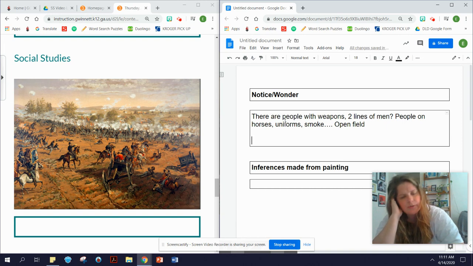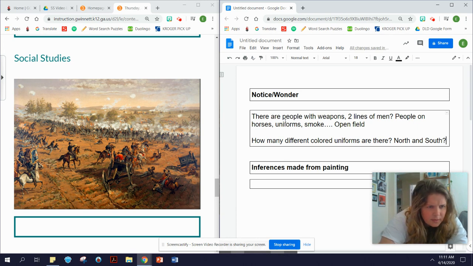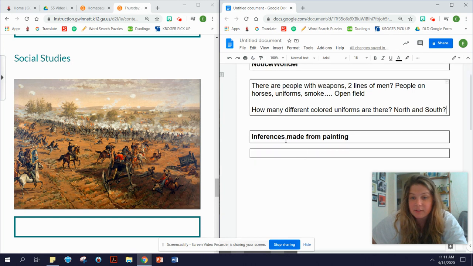I wonder how many different colored uniforms are there? Is this the North and the South fighting? Those are just some things that I wonder. I can also make an inference that it looks like one side, because of what I see in this painting, had more men than the other side.